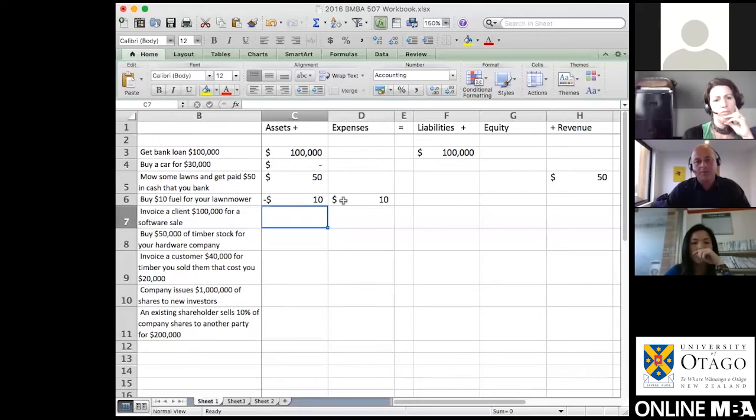In both of those transactions, our bank account's gone down, but in one situation we're calling it an asset, and in another we're calling it an expense, right? That's a really important point. That's the tricky thing with accounting, that you can actually record a transaction quite easily into an account type that it's not.